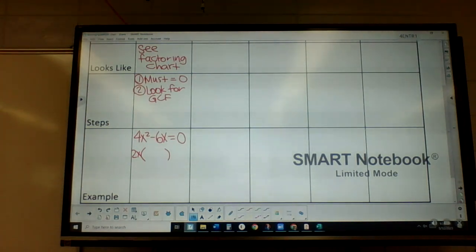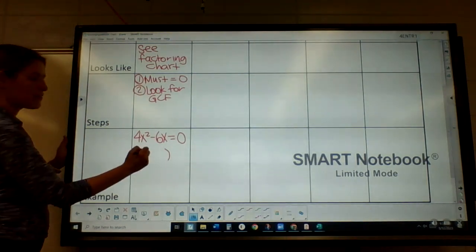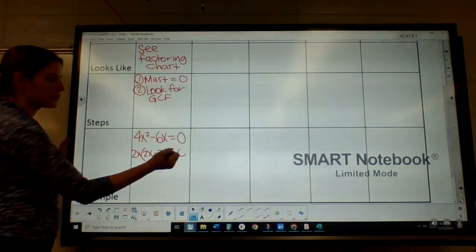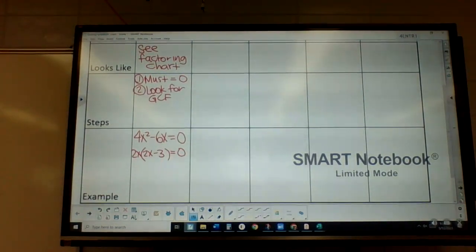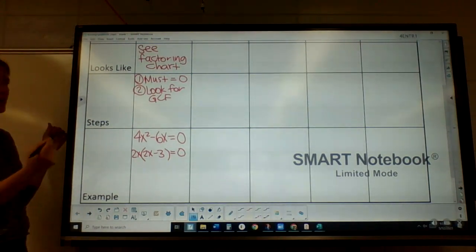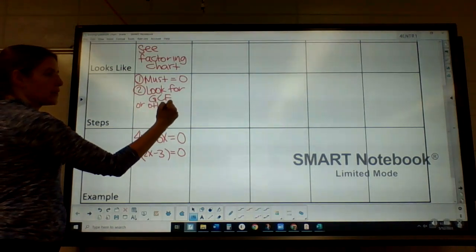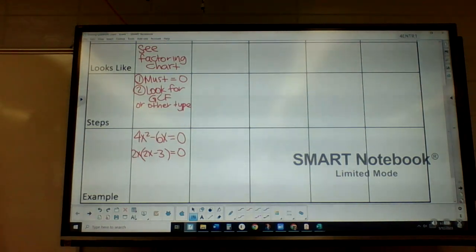We're going to be left with 2x, and then a negative 3. So look for that GCF. If that GCF isn't available, you might want to try some other type of factoring.